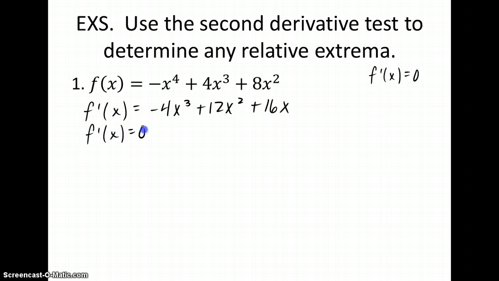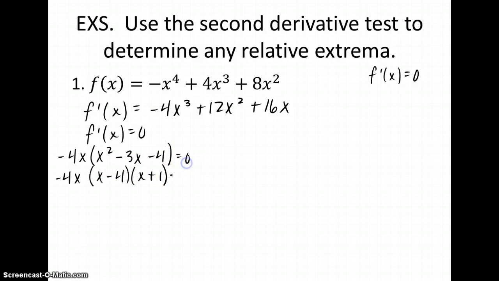So it's a limited view, all right? We're not testing the conditions where the derivative doesn't exist. All right, dividing out a negative 4x, we'd be left with x squared minus 3x minus 4. Factoring, we get 3 critical values.